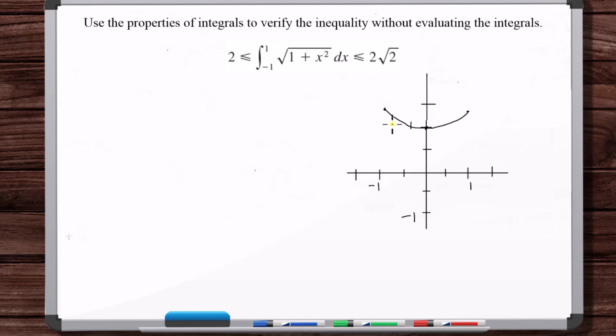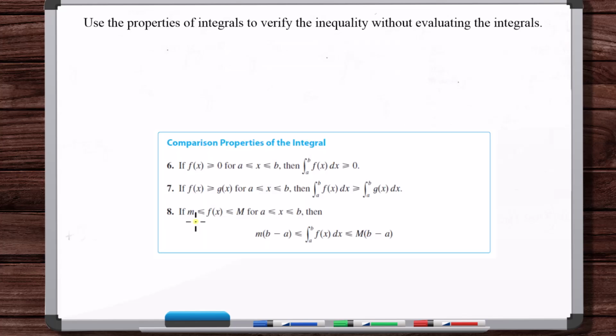Okay, so what we can see is, if we come back to this property, the idea is these values, lowercase m and uppercase m. The lowercase m is less than or equal to all of f of x over the interval, and the uppercase m is greater than or equal to all of f of x over the entire interval.